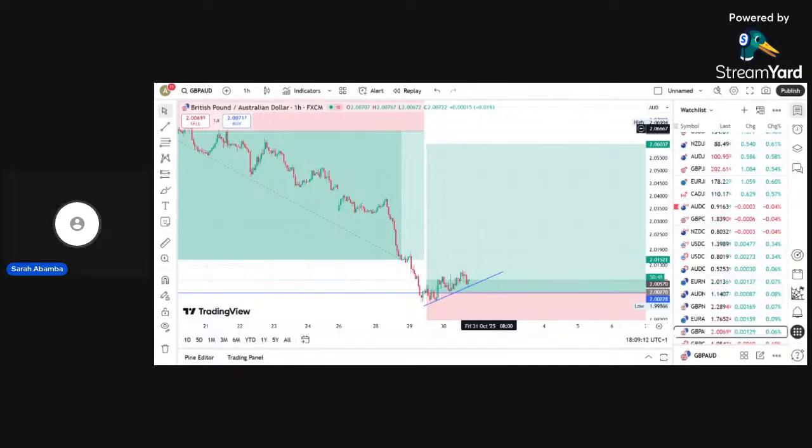I'm actually speaking from experience. I know about indicators. I know about ICT, a little, not much. I know about SMC, and I know about this pattern I'm using now, candlestick pattern, chart pattern. The truth is that knowing all these things actually led to confusion.